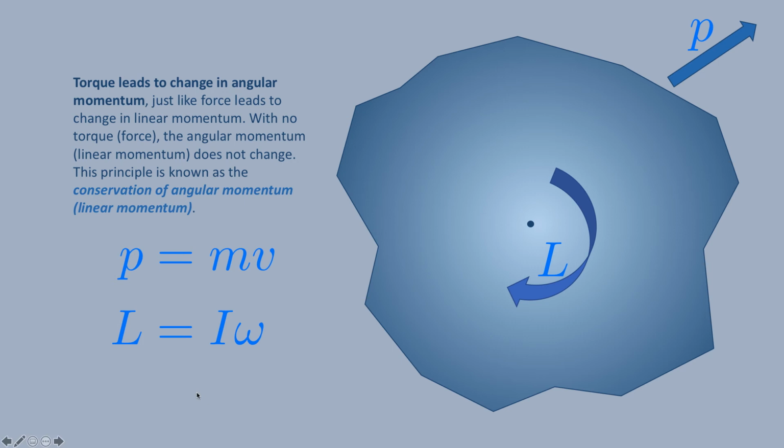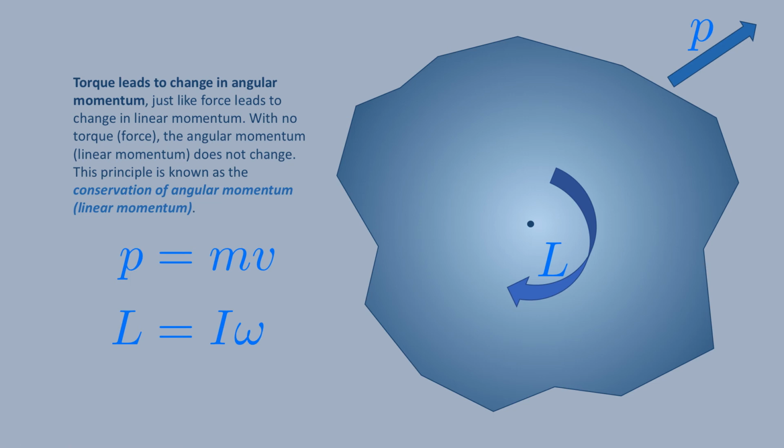So now, why is this an actual useful quantity? Why do we think about angular momentum? Well, let's go to how would you change the angular momentum of an object? Well, you'd have to change how it's rotating or change what its moment of inertia is. You could accomplish this change also by applying a torque.